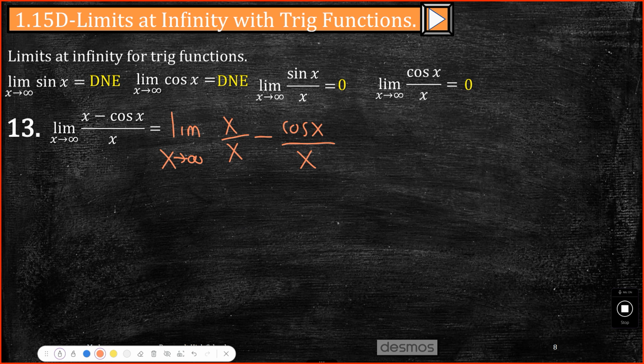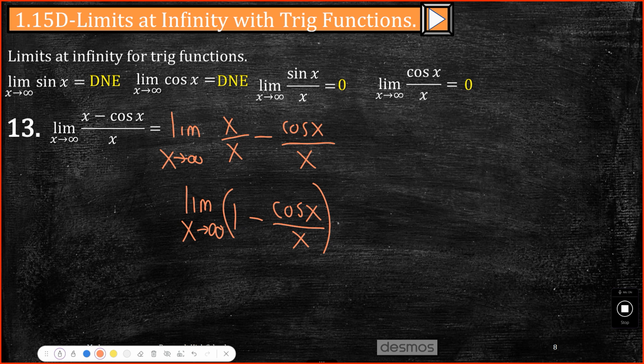And so x over x is 1. So this is going to be 1 minus, parentheses. And then let's leave that cosine x over x for right now. So the limit as x approaches infinity of 1, that's just 1.